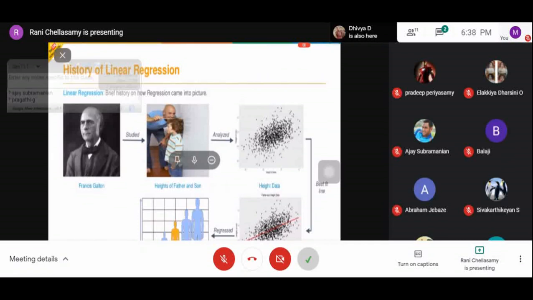These heights are measured and analyzed. We get a collection of data about the height in centimeters, and the regression line is drawn on this collection of height data. The task is to find the best fit line in this collection of data. Then finding the mean height of all people, you will get the linear regression thoughts. We'll see that.